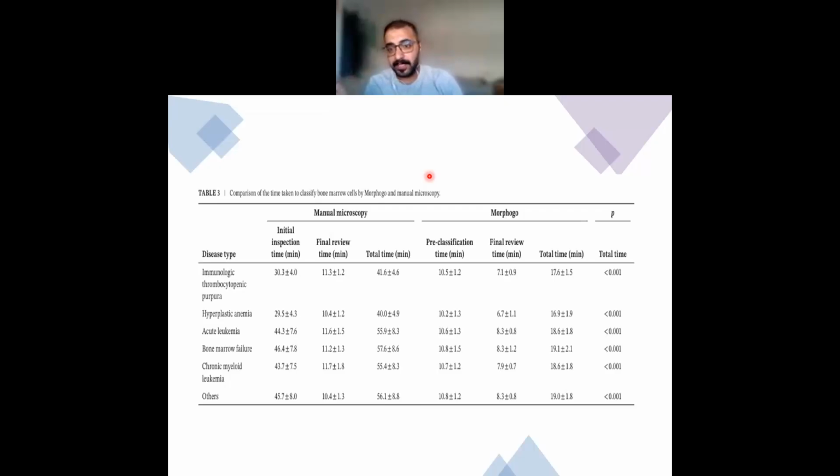For the Morphogo system, it is less than that, because the total time here is 70 minutes for the ITB, I say. So that's a big difference between the time in the two methods.